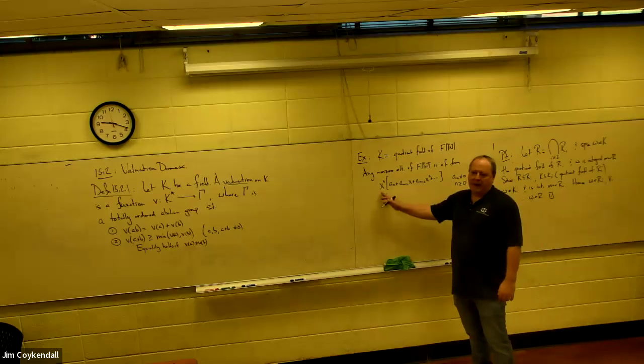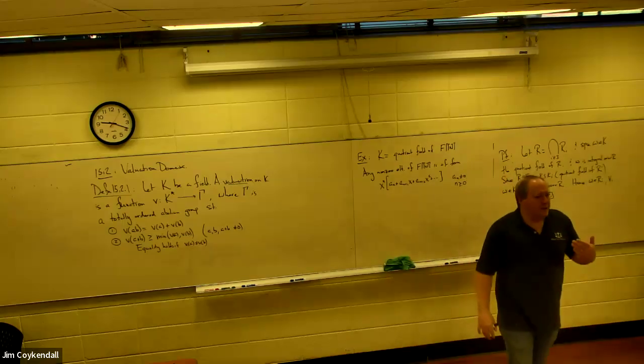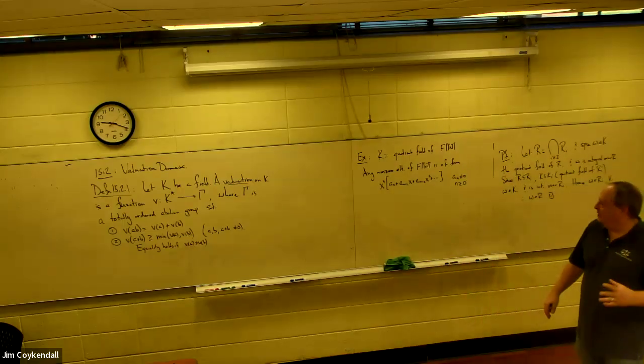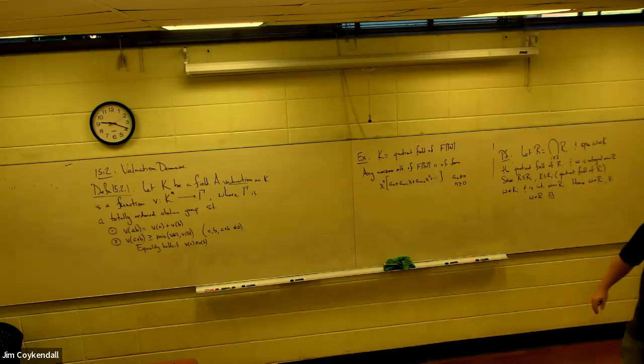Any non-zero element of the power series ring over a field is of this form. Everybody agree with that? Because just look at the power series. Basically, n is the smallest appearing degree of a term in the power series.